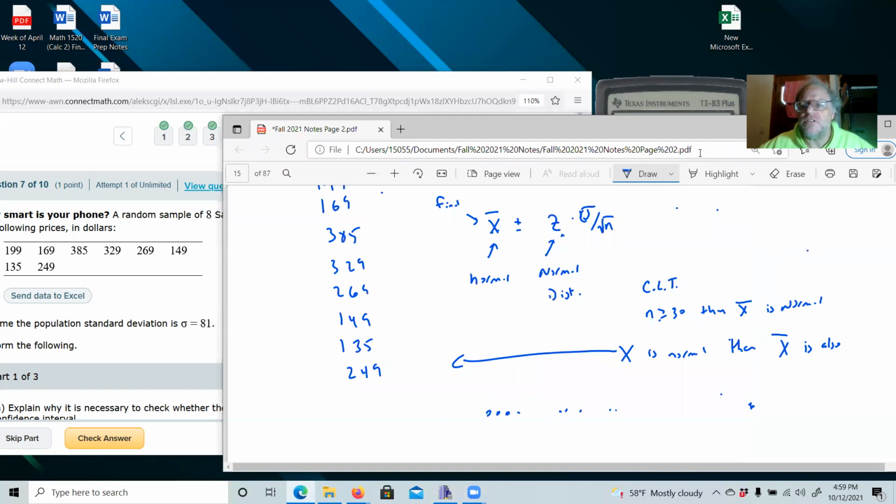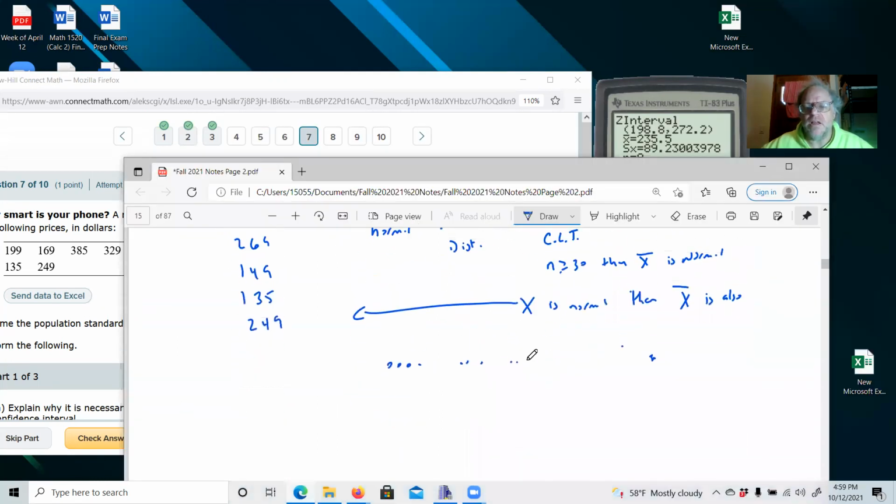Okay. So we have to read this. Our confidence interval is going to be $198.80 to $272.20. Remember what this is telling us.